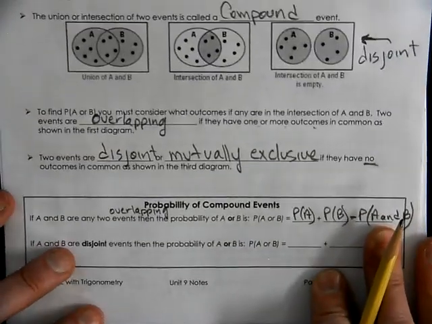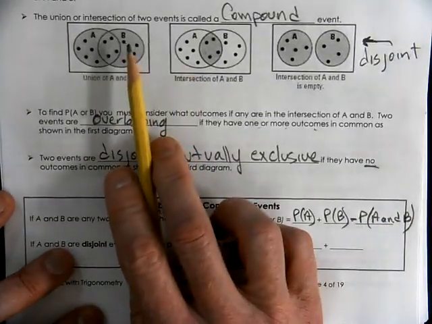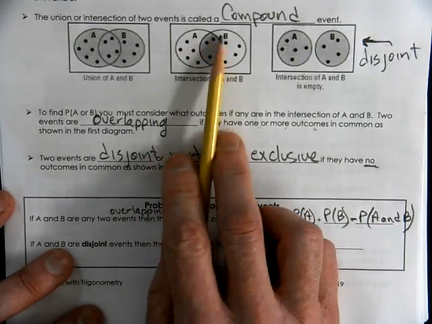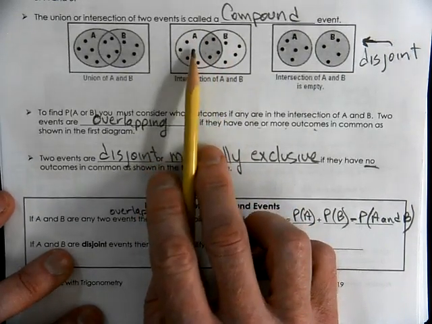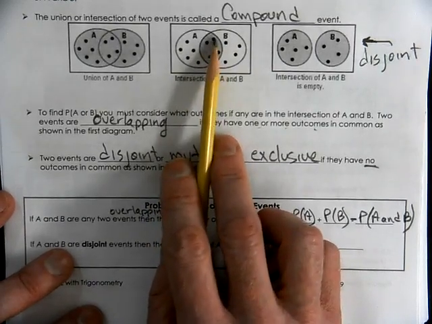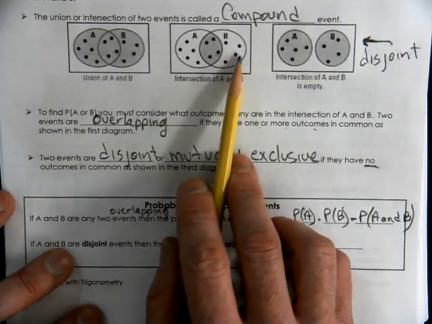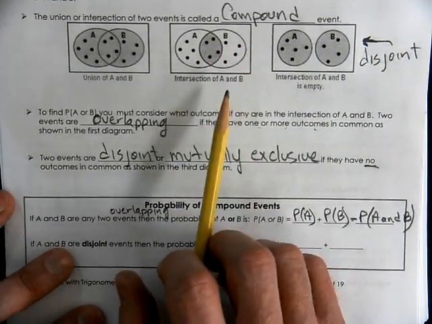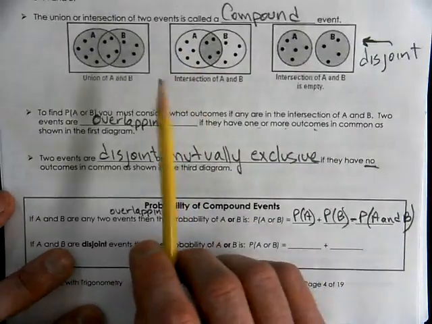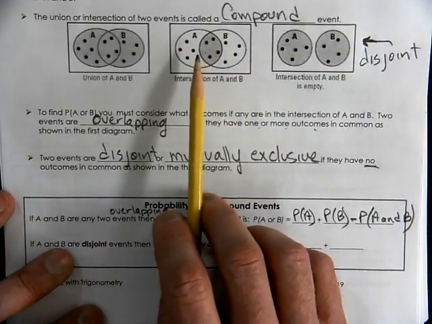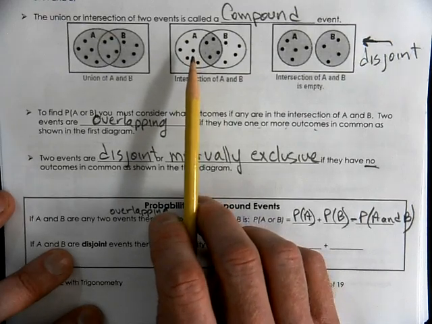Let's come on back up here to our diagram. If you count all the dots that are in A, 1, 2, 3, 4, 5, 6, 7, 8, 9, and you count all the dots that are in B, 1, 2, 3, 4, 5, 6, 7, 8, you got 9 and 8, that's 17. But there aren't 17 dots here. But I clearly counted 17.